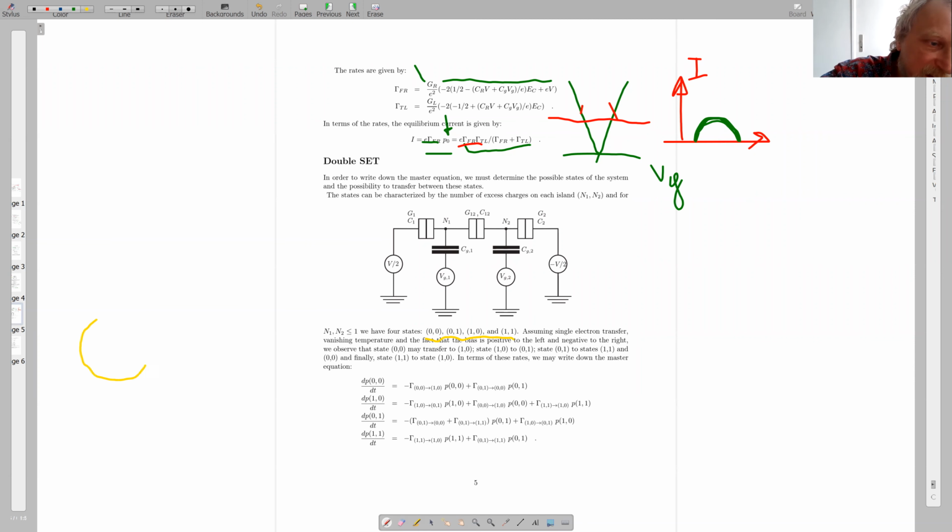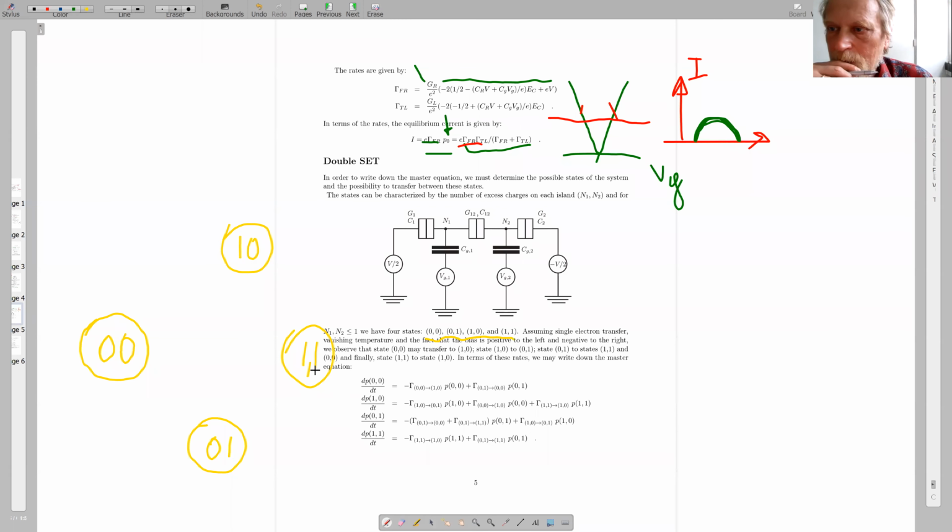Okay, let me put these states. Just draw it.